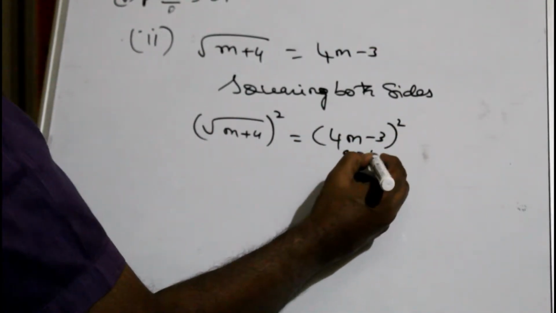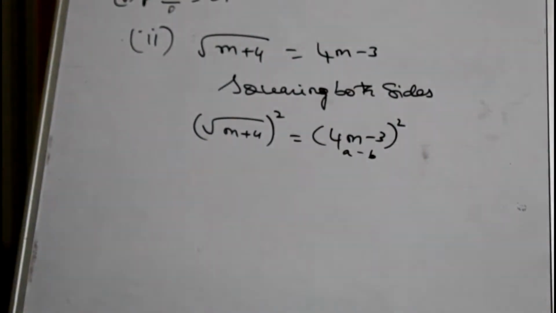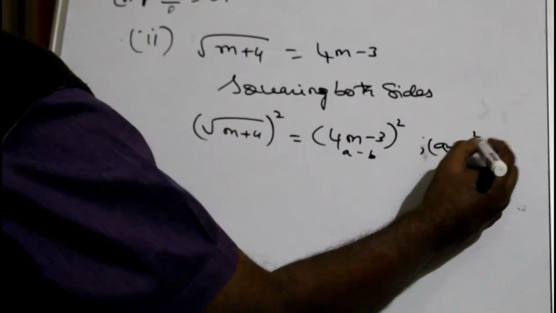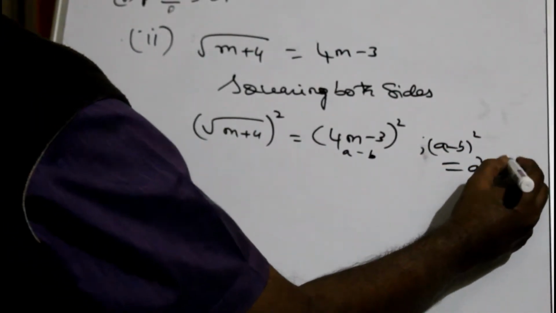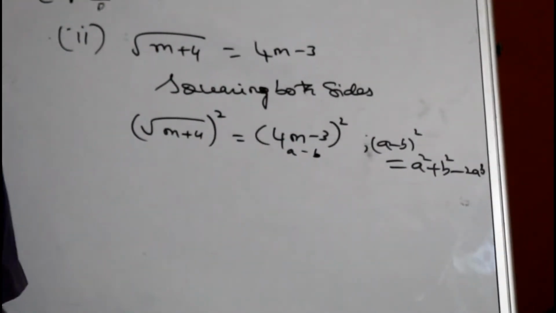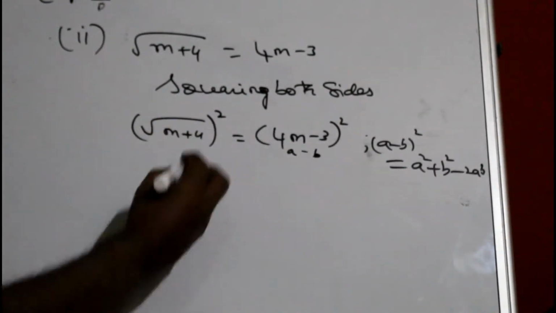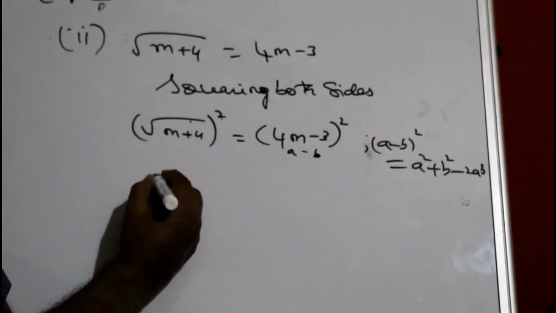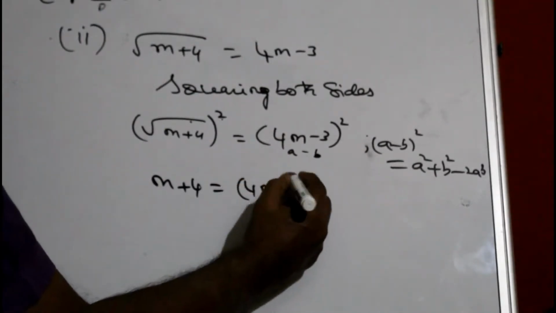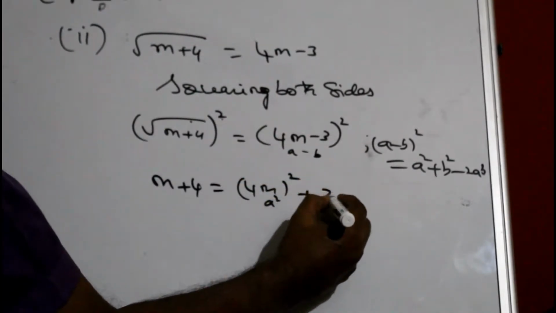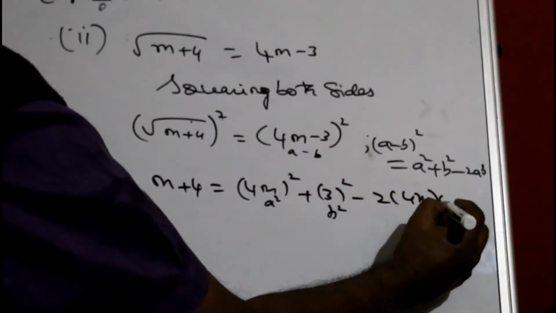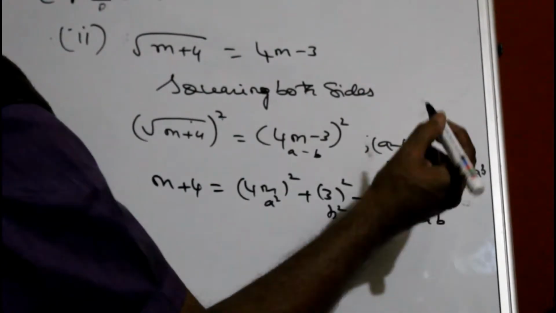We must use the formula a minus b the whole square, which is a square plus b square minus 2ab. When you square this side, the root and the square cancel. So you get m plus 4 equal to 4m the whole square, which is a square, plus 3 the whole square, which is b square, minus 2 into 4m into 3, which is 2ab.